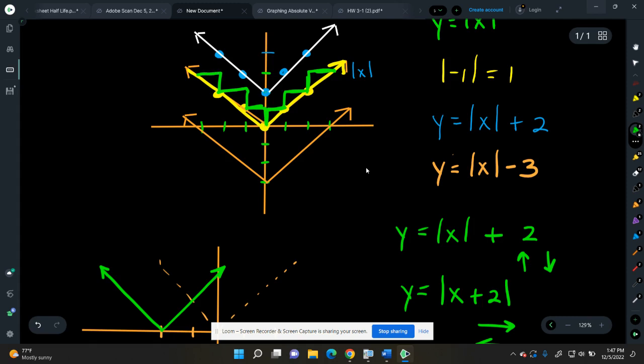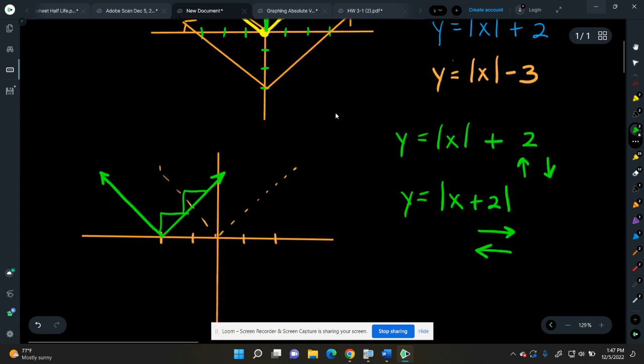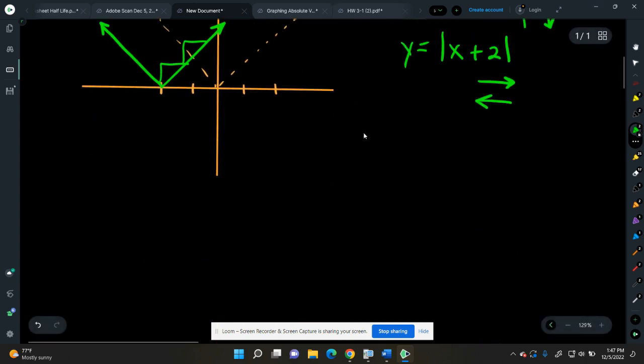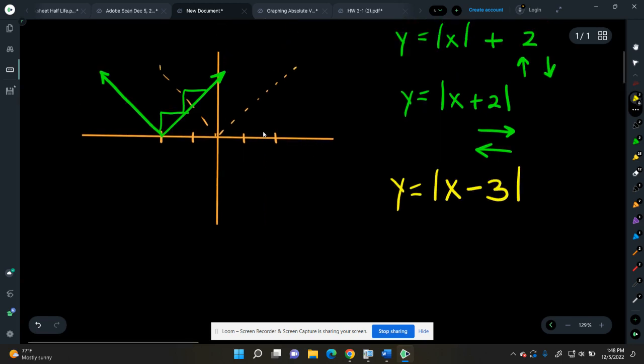So make sure you keep that slope. We're not going to do problems where the slope changes. I want you to be as accurate as possible. So graph for me y equals the absolute value of x minus 3 inside the brackets.